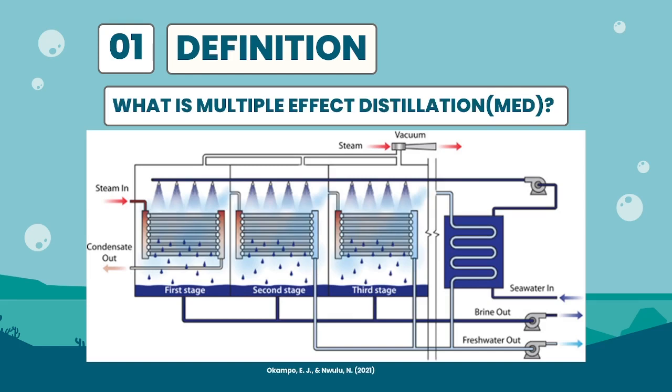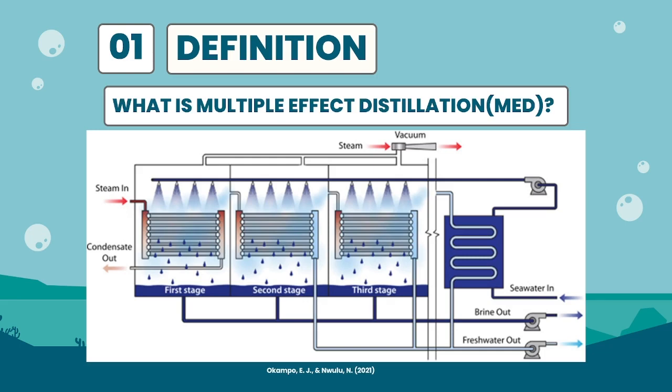An external source in this case could be a fossil fuel source, it could be a solar panel, it could be any type of energy source, but it is an external one to heat up the evaporating tube. The second and third stages, however, utilize the steam that is produced from the first stage to heat up the evaporating tube.